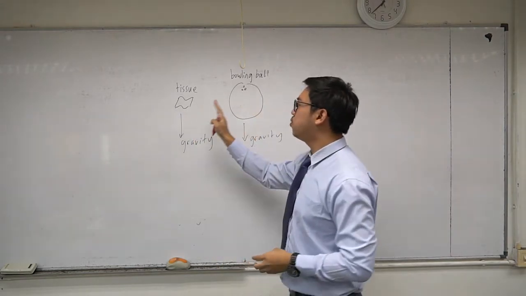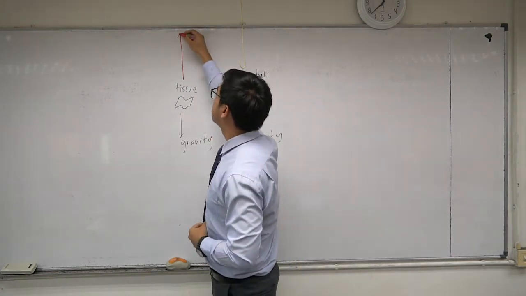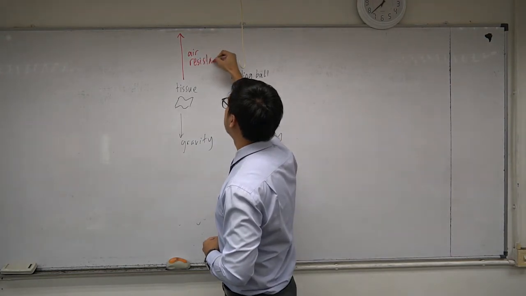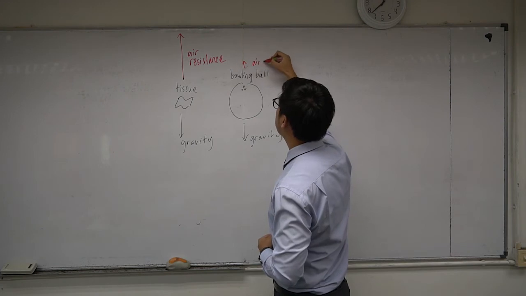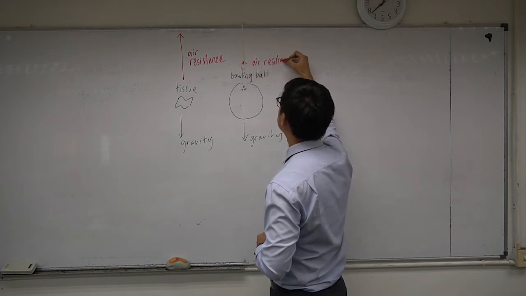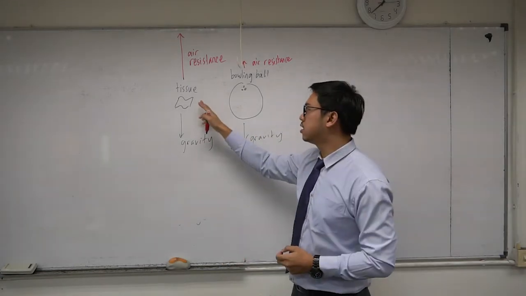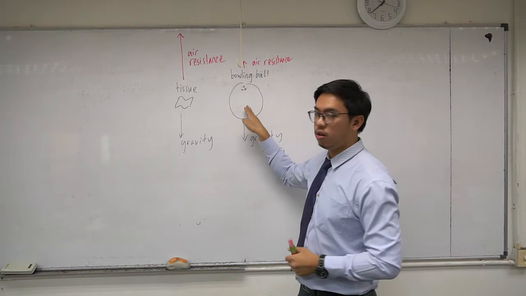The reason why the tissue is falling slower is because it has a bigger air resistance, whereas the bowling ball has a small air resistance, and the air resistance is what's causing the tissue to fall slower than the bowling ball.